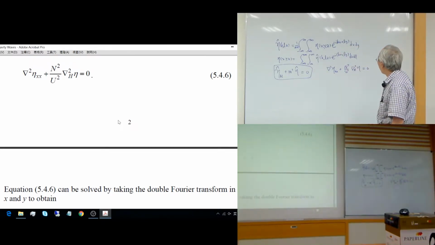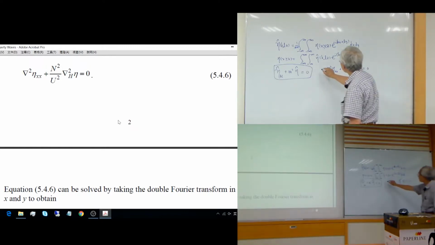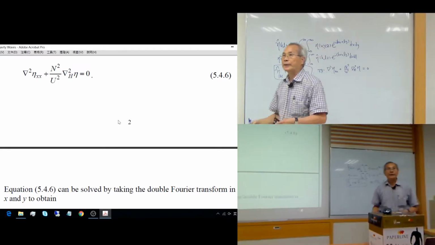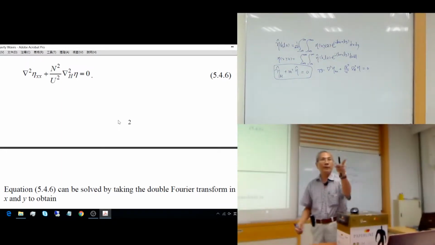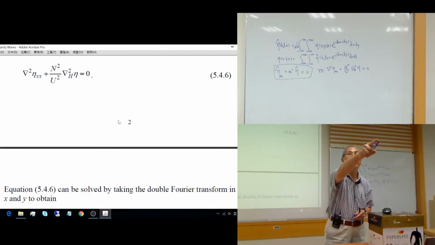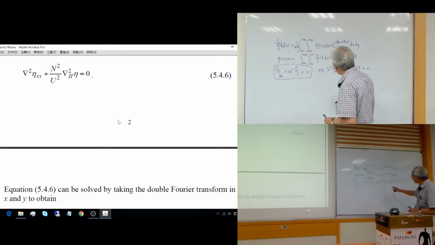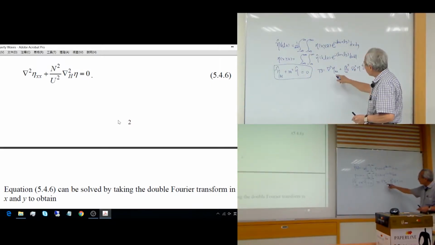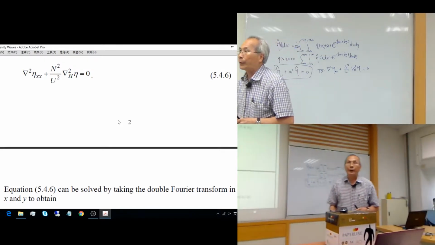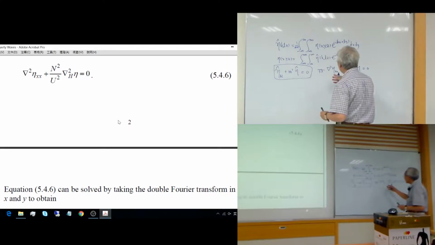Remember, this is 3D. And sometimes when we derive an equation, you want to see if it is correct. Are there any questions? Okay. So it's 3D, and sometimes you want to check to see if your derivation is correct or not. What you can do is try to reduce it to 2D.